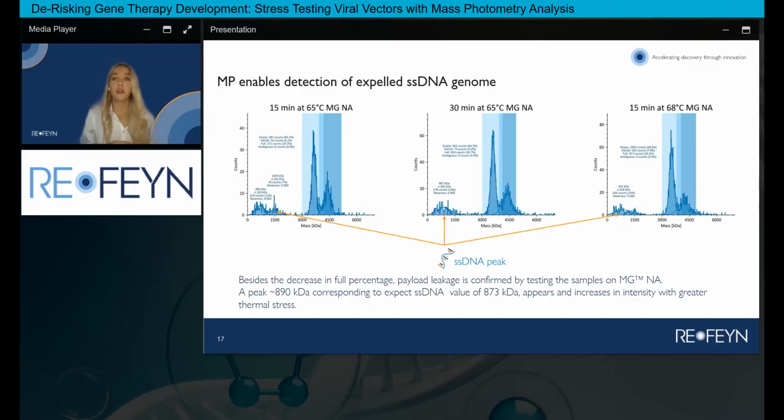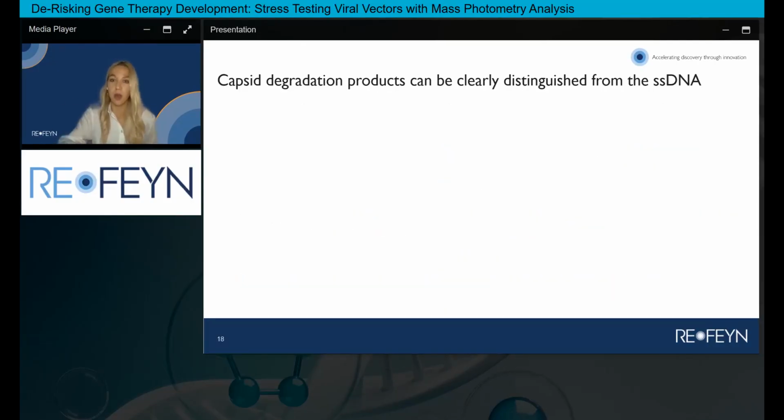So besides the decrease in the full percentage that we already saw by testing these samples on MassGlass UC and seeing that shift in population, this is the confirmation of the payload leakage, because the peak around 890 kilodaltons that is formed corresponds to the expected ssDNA value, which was predicted to be around 873. And with longer exposure or an increase of the temperature, the intensity of this peak becomes higher.